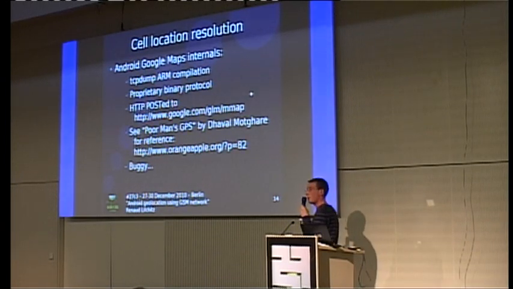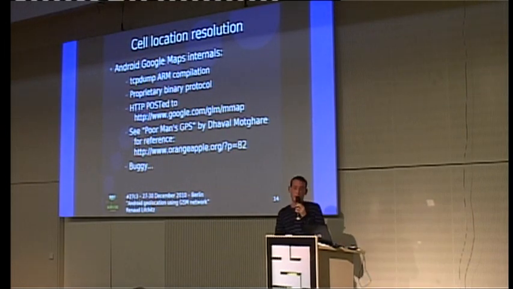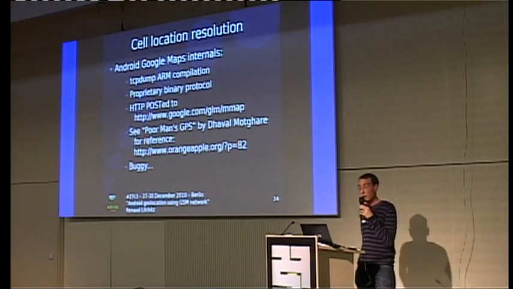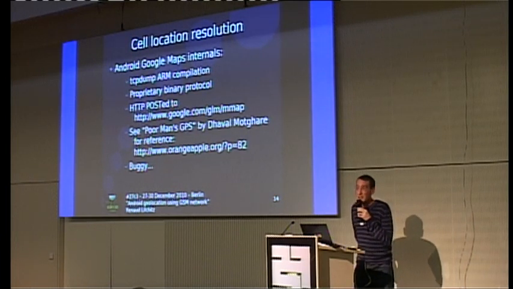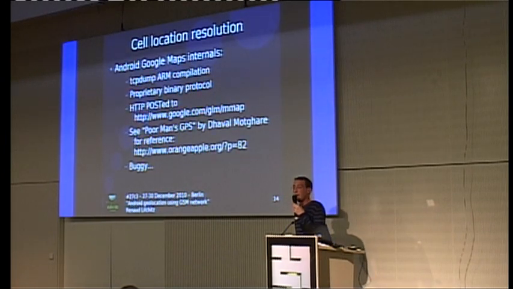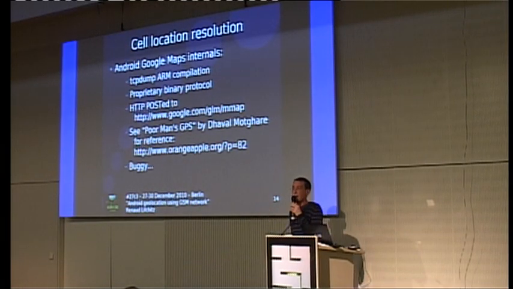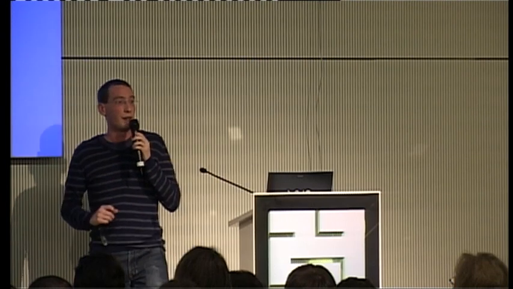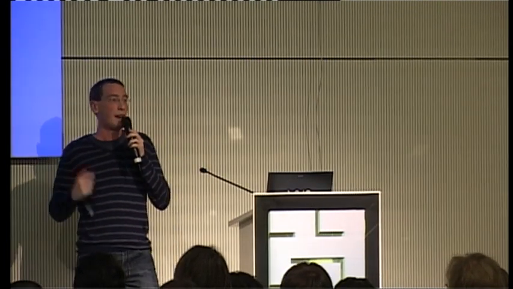Some people have figured it out also. You can look at this excellent blog page, which is called the Poor Man's GPS. Some people managed to successfully reverse engineer this binary protocol. So in fact, you just have to pack the 4 different codes we talked about: the MCC, MNC, LAC, and CID.